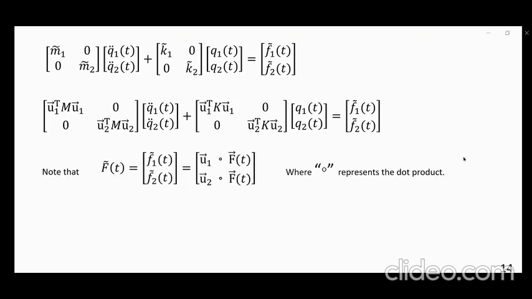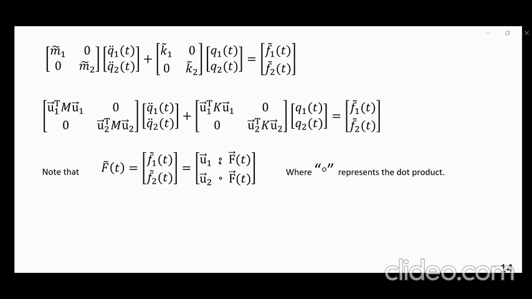Okay. Now, also as a point of reference, notice that this vector, which was obtained by taking the original vector and pre-multiplying by P transpose, can be written like so. The first column of the P matrix dotted with the original F vector, and the second column of the P matrix, the modal matrix, dotted with the original F vector, the force vector.